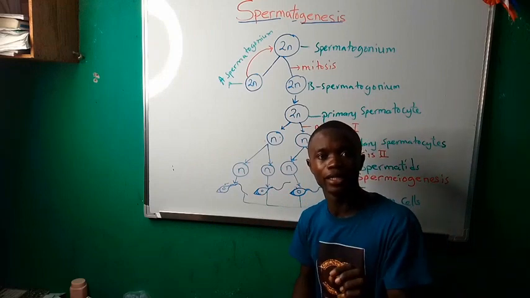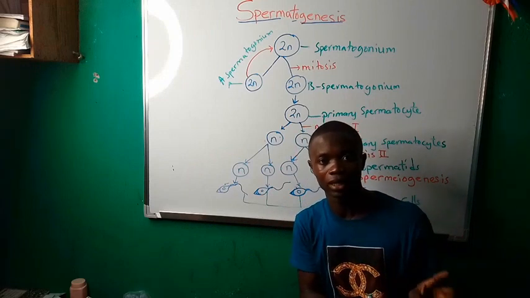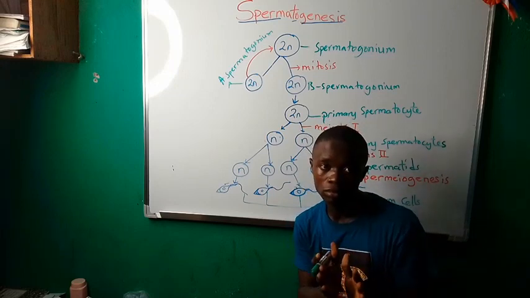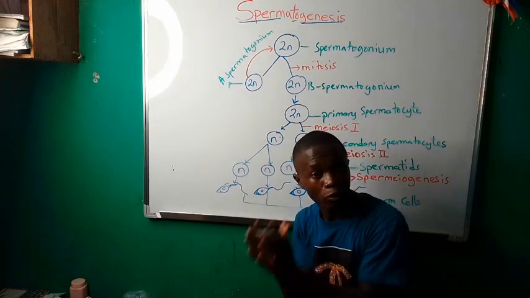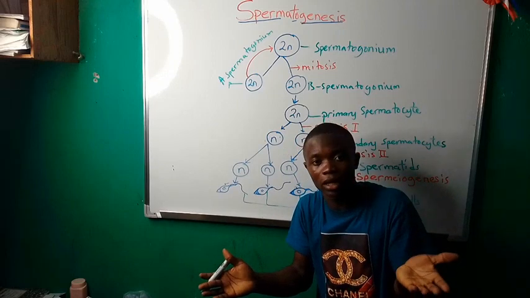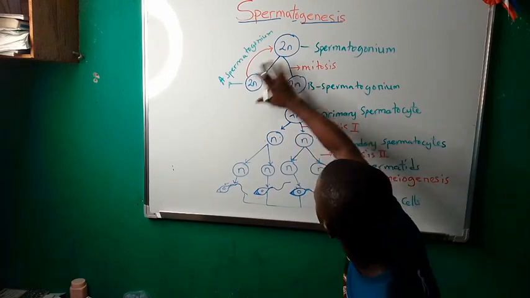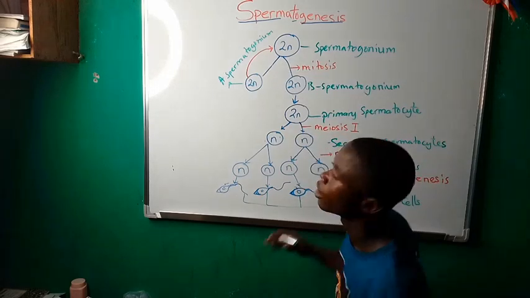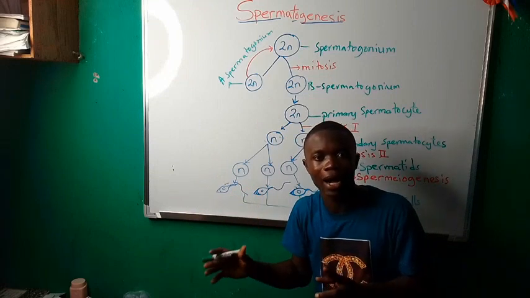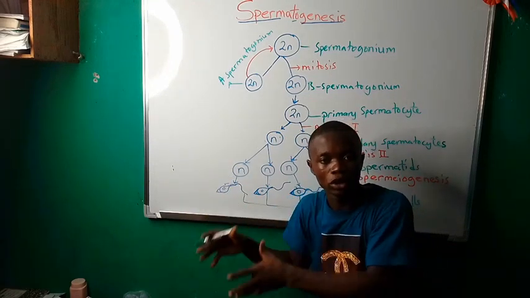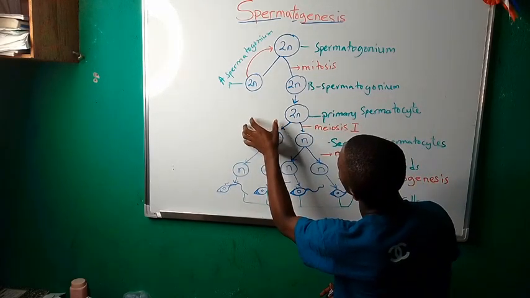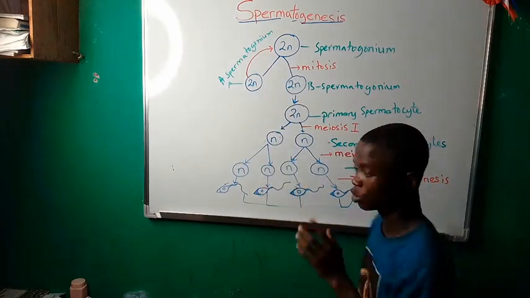But testosterone is a lipid substance, a fatty substance, and fat and water don't dissolve. Fat is lipophilic, and fat is also hydrophobic, it hates water. Because testosterone is a lipid substance, and it is not soluble in this environment, the androgen binding protein produced by the stimulation of the follicle stimulating hormone helps to make testosterone less lipophilic so that it can drive the entire process to produce sperm.